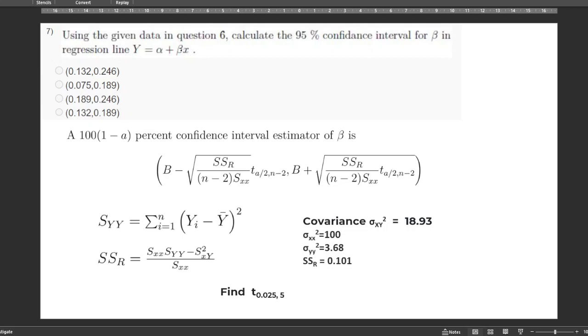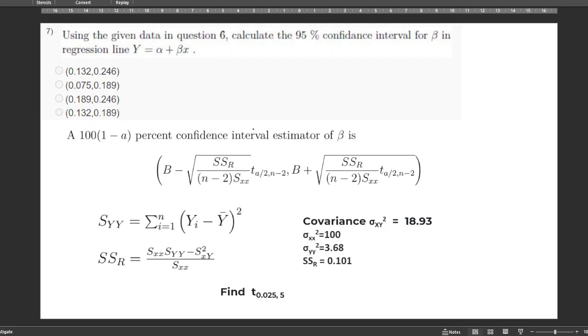So how to find it? Already we know, 1 minus a here defines the 95% confidence interval, 5% significance level. So a is a significance level, just like alpha, whichever we have used before.